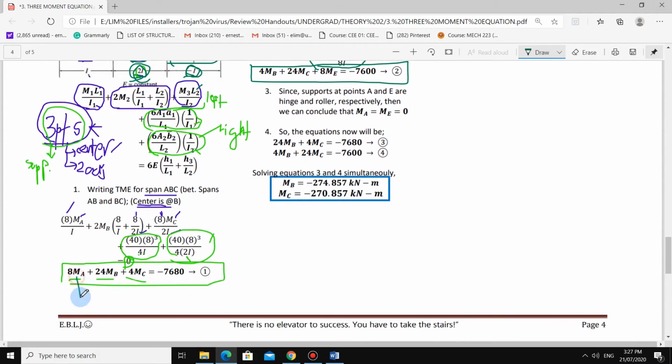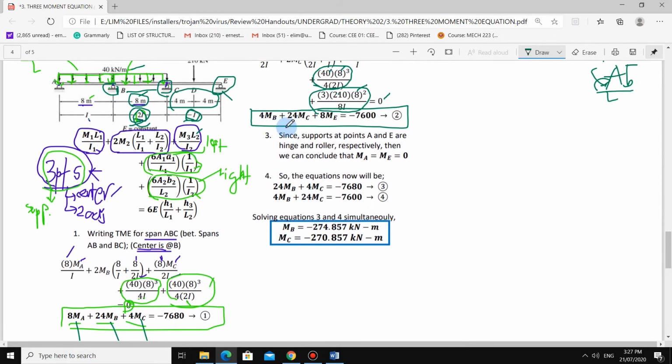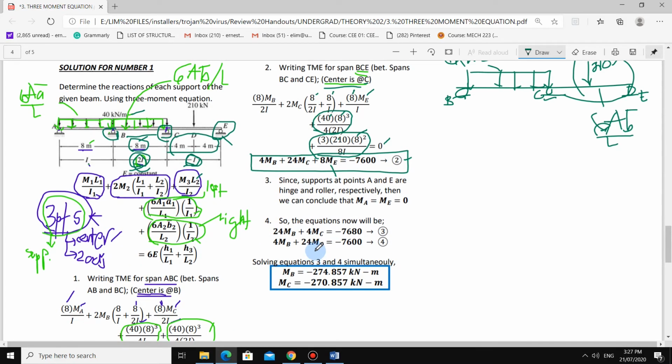We have 4 unknowns, MA, MB, MC, then we added ME, right? So there are four unknowns but only two equations. Okay? So that's why we have to analyze the supports. Okay? So that is the reason for equation 3.